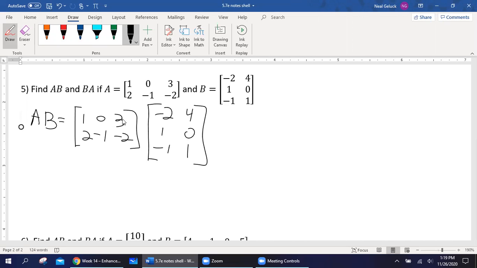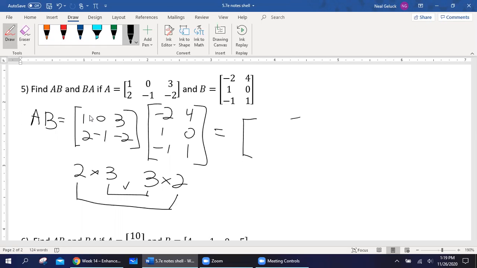So I have to check to see if I'm able to multiply them. Matrix A is a 2-row by 3 column. Matrix B is a 3-row by 2 column. Middle numbers match. So yes, I can multiply them. My answer here is going to be a 2 by 2. So this is going to actually crunch down to just 2 rows, 2 columns.